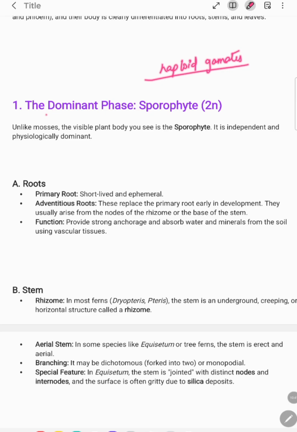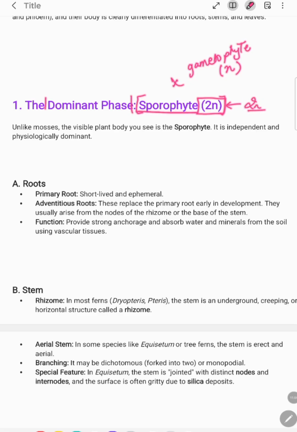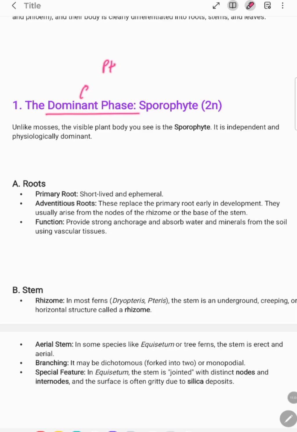But in case of pteridophytes, the dominant phase is your sporophyte rather than your gametophyte. The ploidy of your gametophyte stage was N, as compared to the sporophyte. Here the ploidy is 2N.